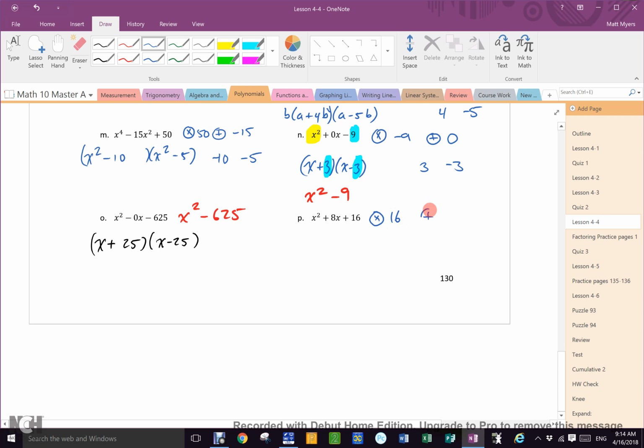What do I need to add to? 8. Is it 1 and 16? 2 and 6? Or 2 and 8? 4 and 4? X plus 4. X plus 4. Would we write it that way? No, squared. What would we write? X plus 4.